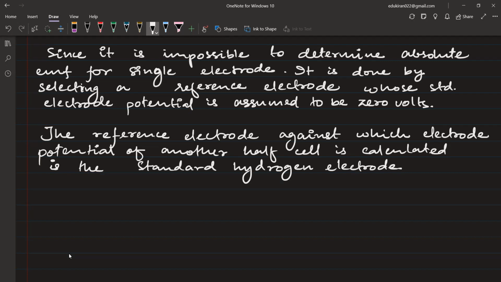Okay, standard hydrogen electrode. So how does the standard hydrogen electrode look?